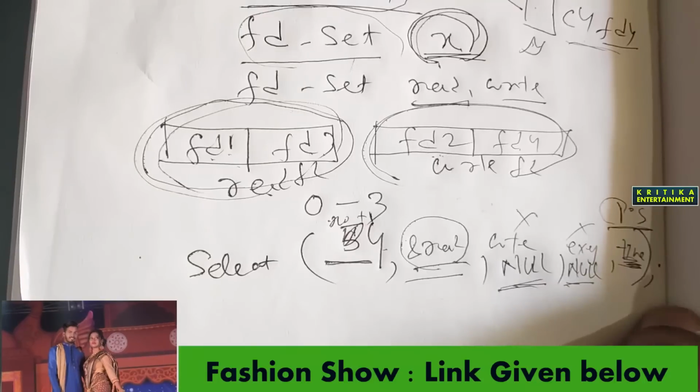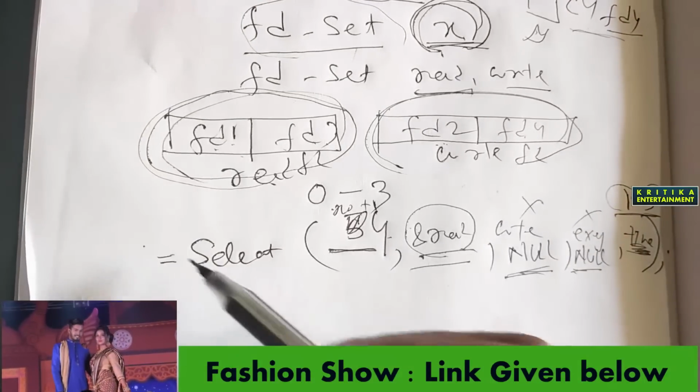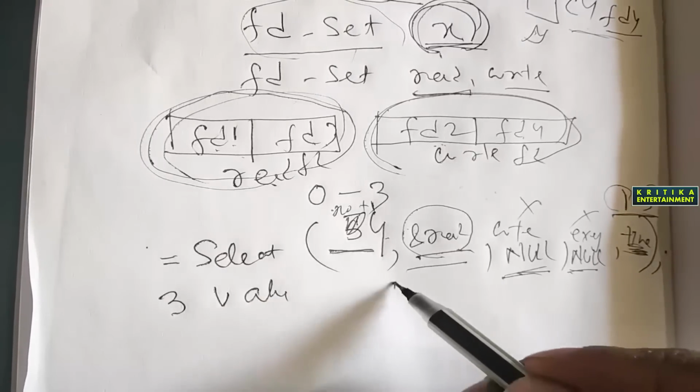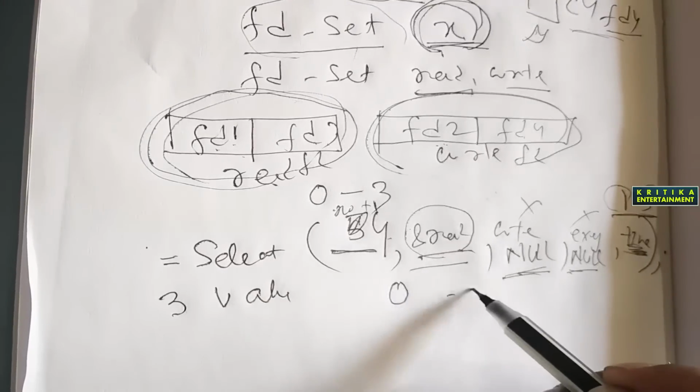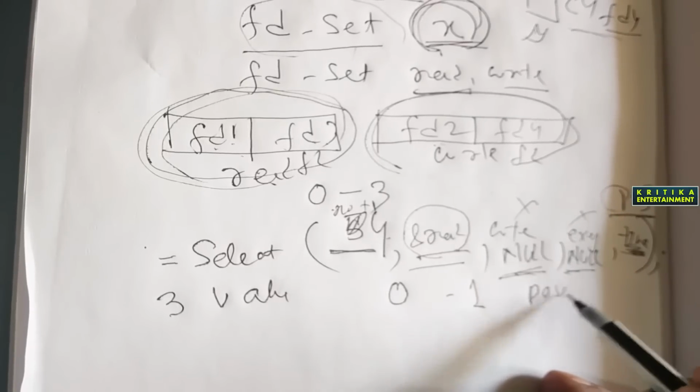Now, what will the select function return? It will return three kinds of values: first is 0, second is -1, third is positive.